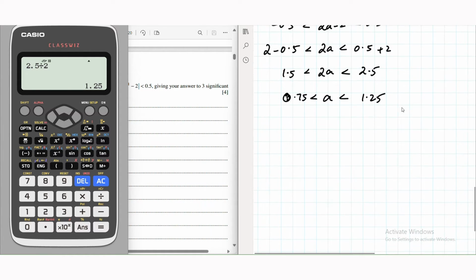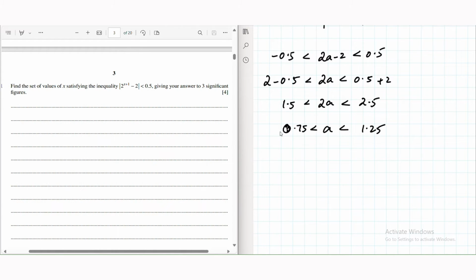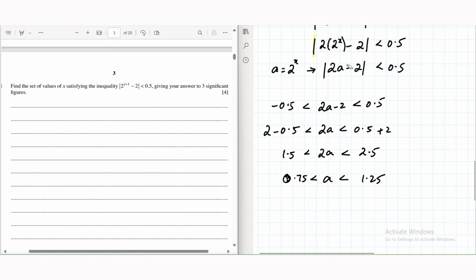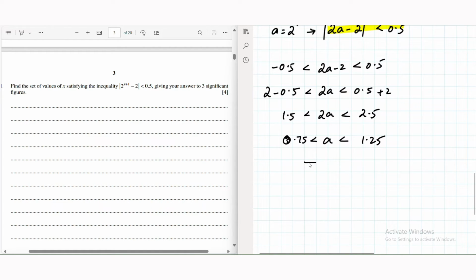Second way of finding the same inequality for a, not 2 raised to power x, sorry, is the squaring method. When we square both sides, we get 2a minus 2 whole squared less than 0.5 whole squared.